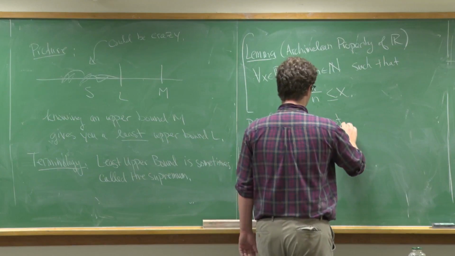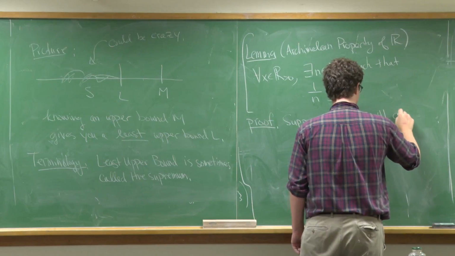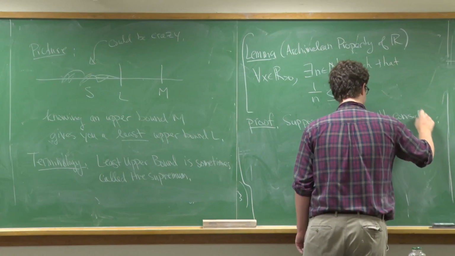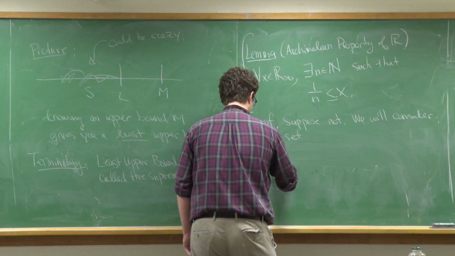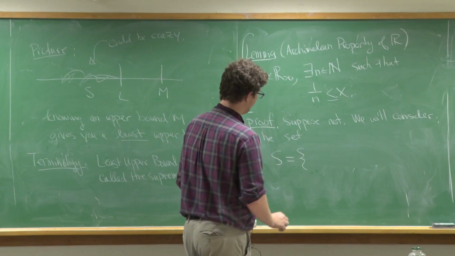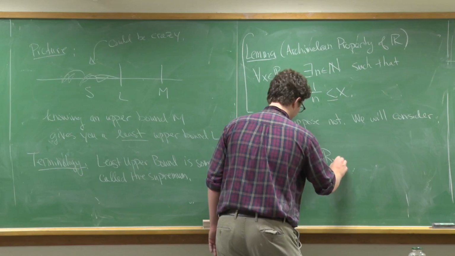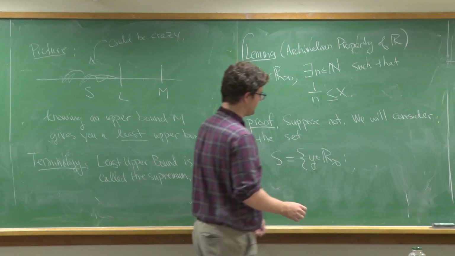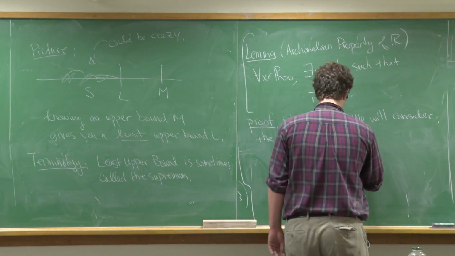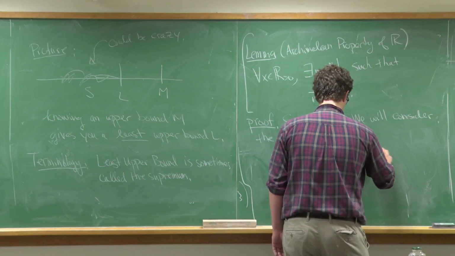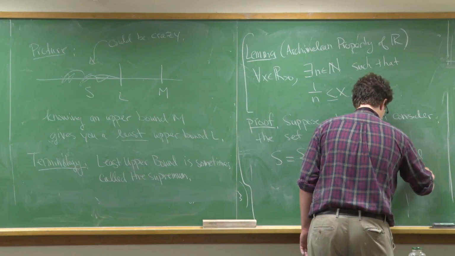And so we will consider the set S, which is the set of y in the real numbers, let's say positive real numbers, such that y is less than 1 over n for all natural numbers n.